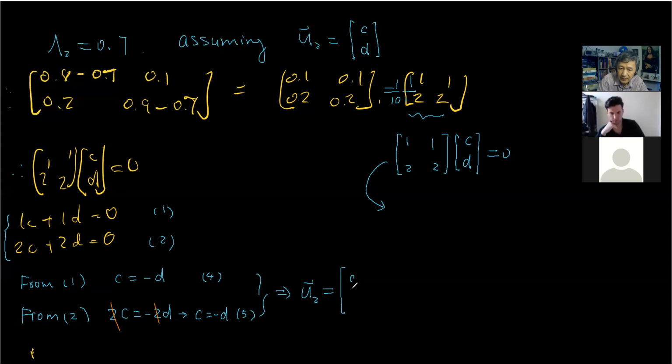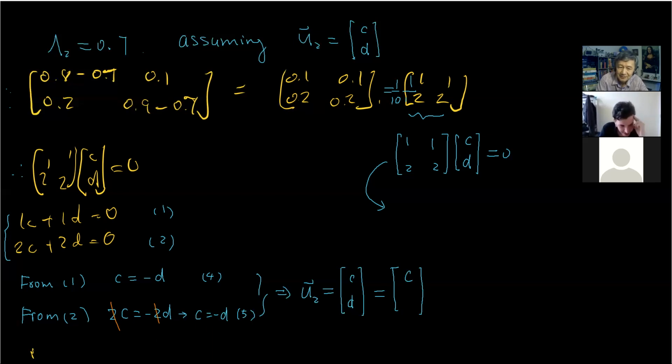I see C and D. You can keep either C or D and factorize it. Which one would you like to keep? Doesn't matter. Let's keep C. If you keep C, what would be the D in terms of C?